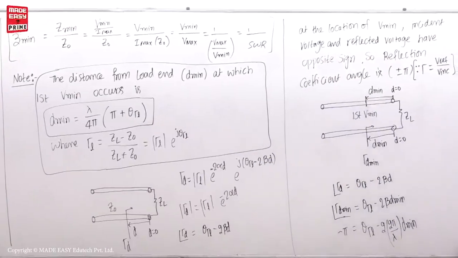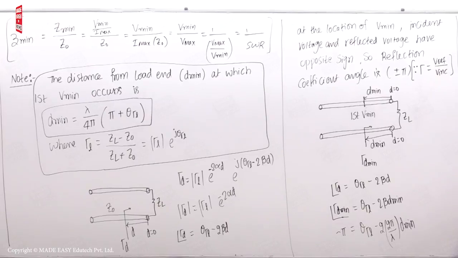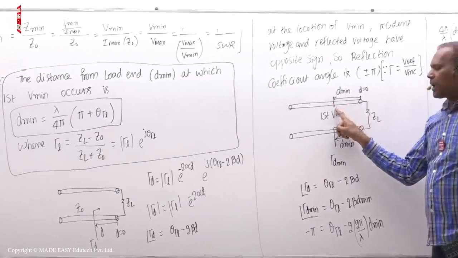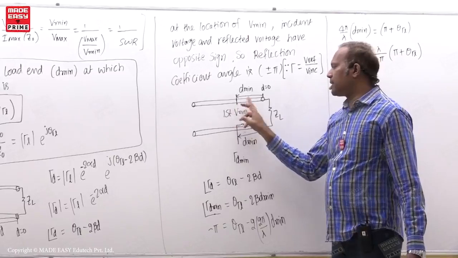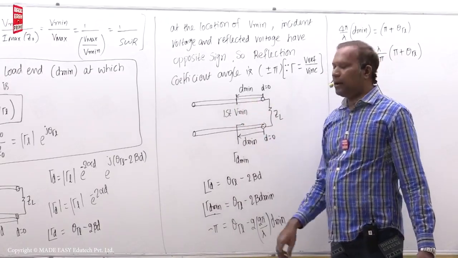Now dear students, what happens if you go lambda by 4 distance from the voltage minimum on this side? You will have a voltage maximum.